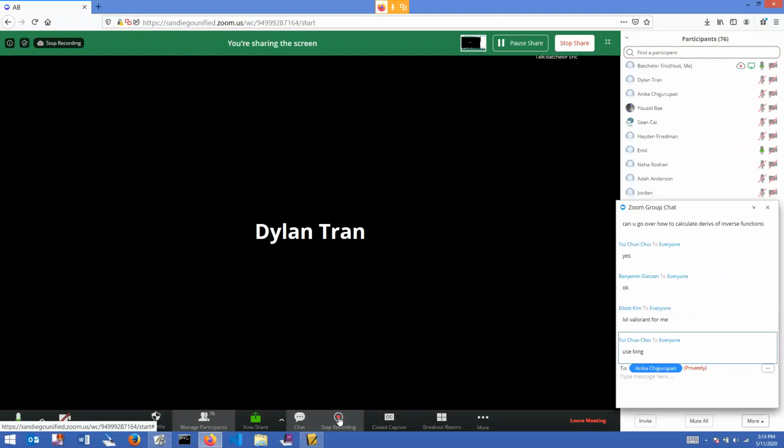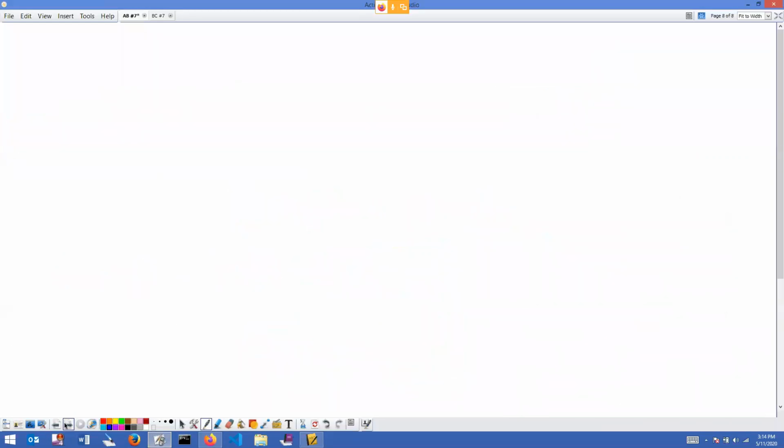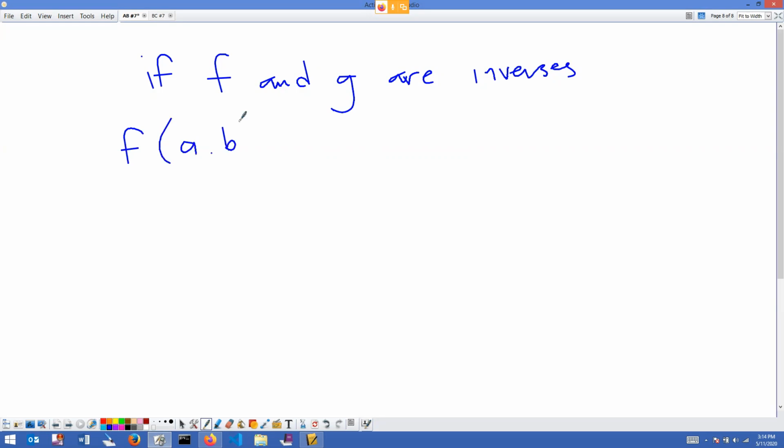Okay, so Molly, you want me to talk about the derivatives of inverse functions? That's probably helpful to everybody. I'll do one real quick. I'm going to write out the inverse function rule. If f and g are inverses, that means that f contains a point (a, b), and g then contains the point (b, a).